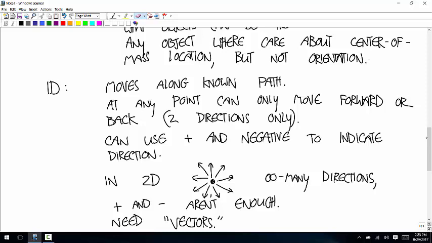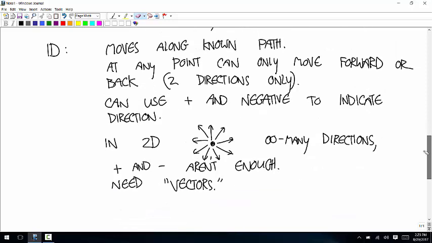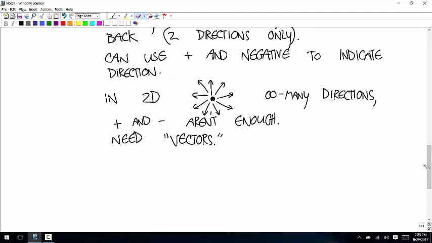Give me a definition of kinematics, that kind of thing. Okay. So these are the parts of your notes that you should pay extra attention to when you're getting ready for the quiz.